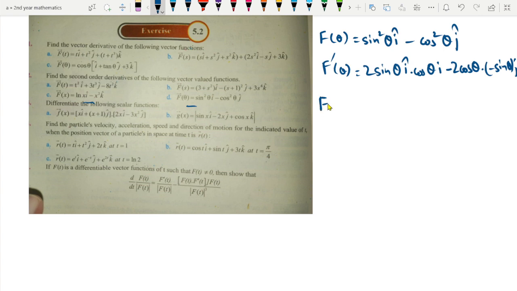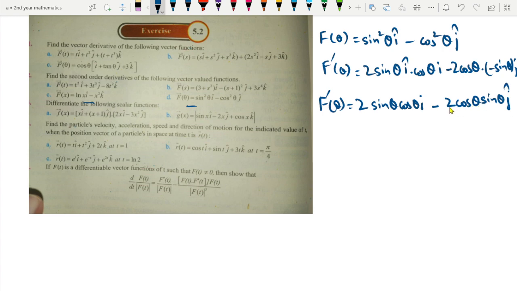So f prime of theta is equal to 2 sine theta cos theta i minus 2 cos theta sine theta j.